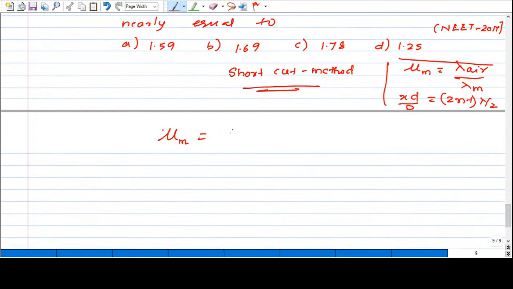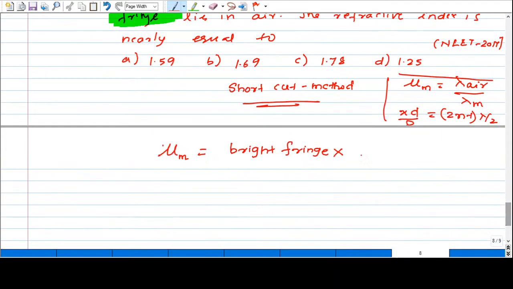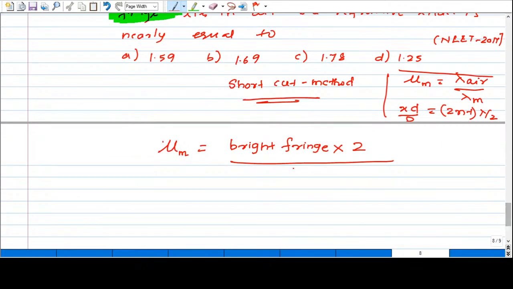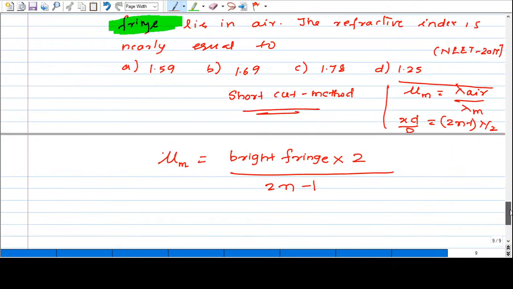I am writing the shortcut formula now for you. Use my shortcut formula to find the refractive index: bright fringe into 2 divided by 2n minus 1. Use this formula, you will get the answer immediately.